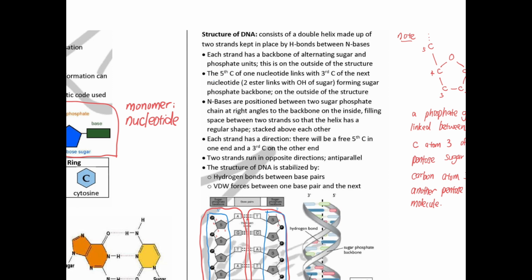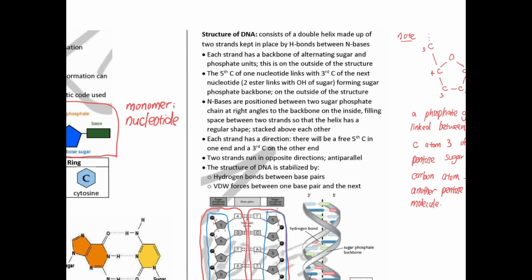Next point, nitrogenous bases are positioned between two sugar phosphate chains at right angles to the backbone on the inside. Even in 3D structures, you can see this is inside.